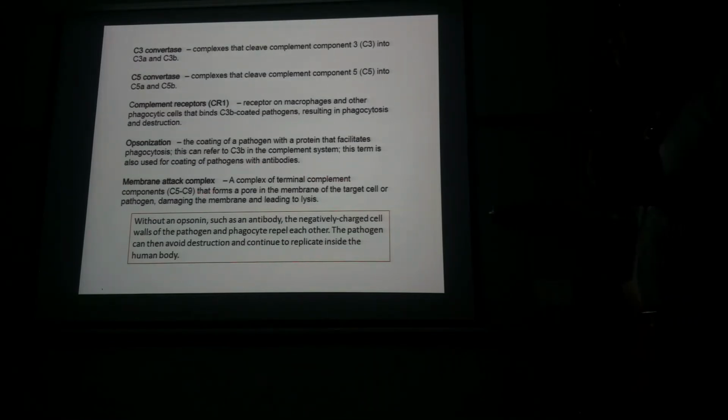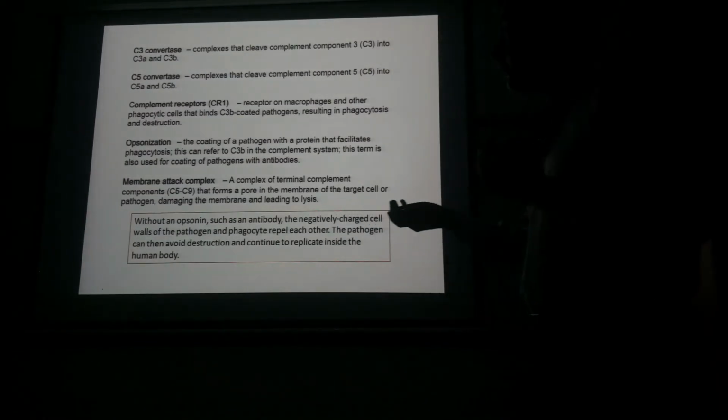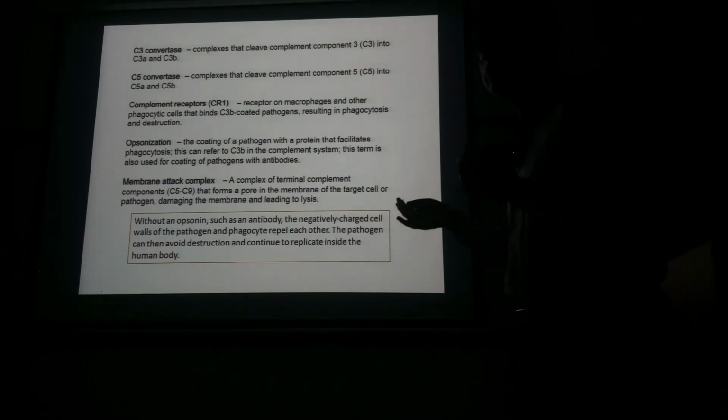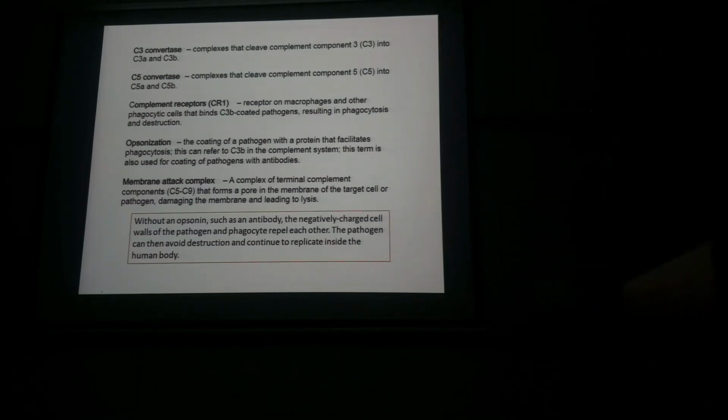The membrane attack complex is the complex made as a result of complement activation, which can lead to opsonization or formation of the membrane attack complex, which would include complements from C5 to C9. Okay, and I also have told you about the regulation of these complements, the membrane attack complex, for instance.